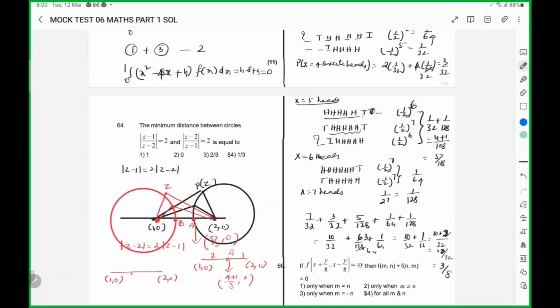There is B. So this is 1:2. So here it's 4 by 3 comma 0. So the least distance will be 5 by 3 minus 4 by 3. It's 1 by 3.